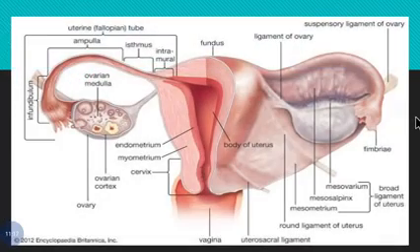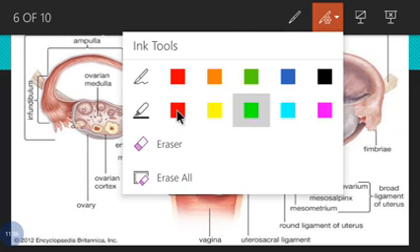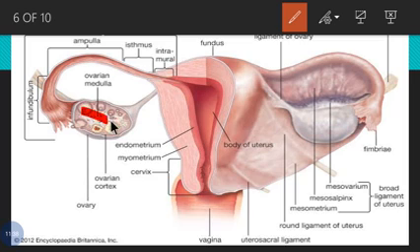So we can see here clearly the fallopian tubes and ovaries, and how the uterus takes place in the reproductive parts. Let me show you where it actually is. Here is an ovary, right?